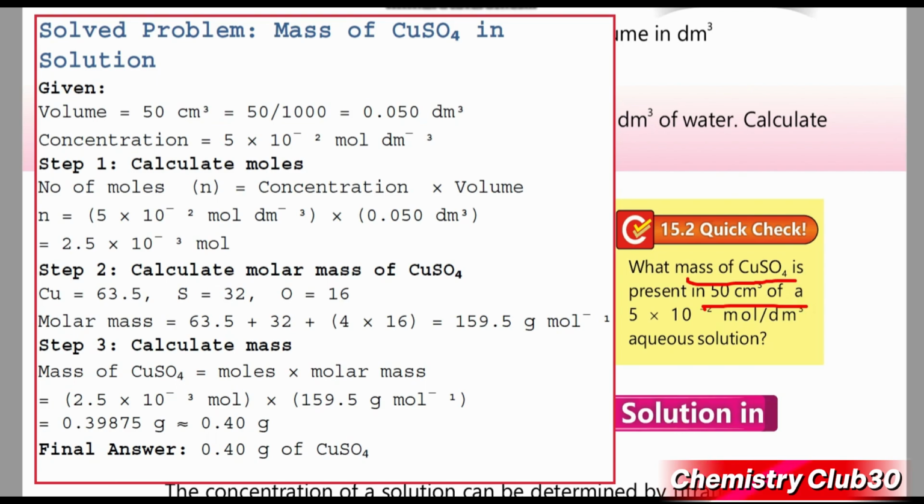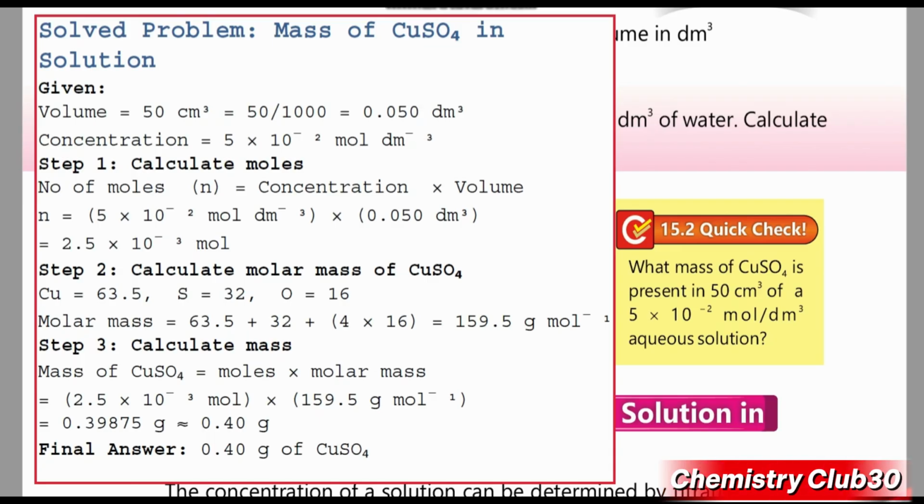So the volume of solution is given, the concentration of solution is given, and you must notice that the unit given here is mole per dm cube, and we have to find the mass. So to solve this problem, first of all we will find the moles by using the formula which we have previously used. So let's start.